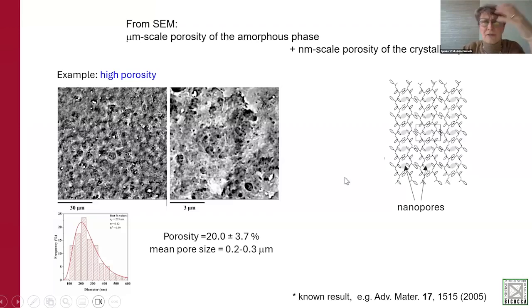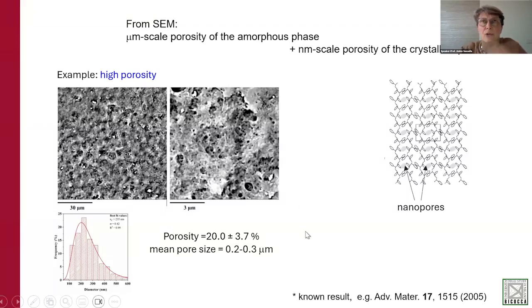This is a known result for several polymers. When they crystallize, this is just a sketch from the literature, inside the crystalline phase itself there are some pores, so the structure is affected by porosity over a scale which is orders of magnitude smaller than the other.